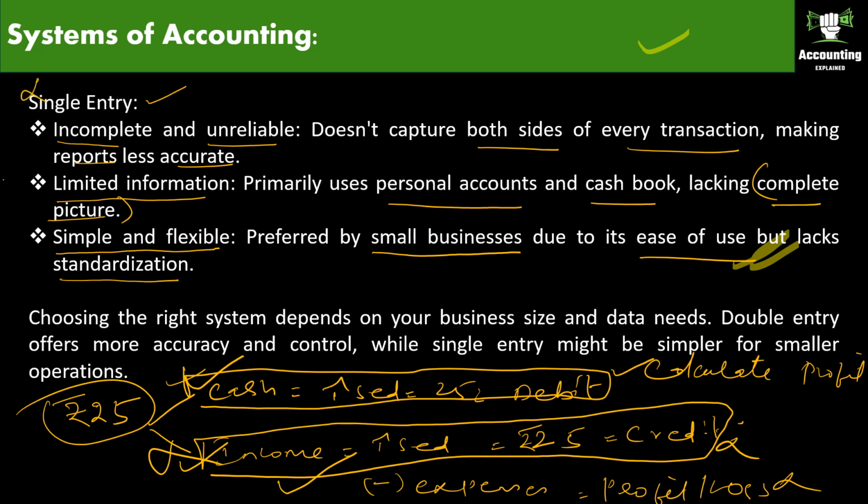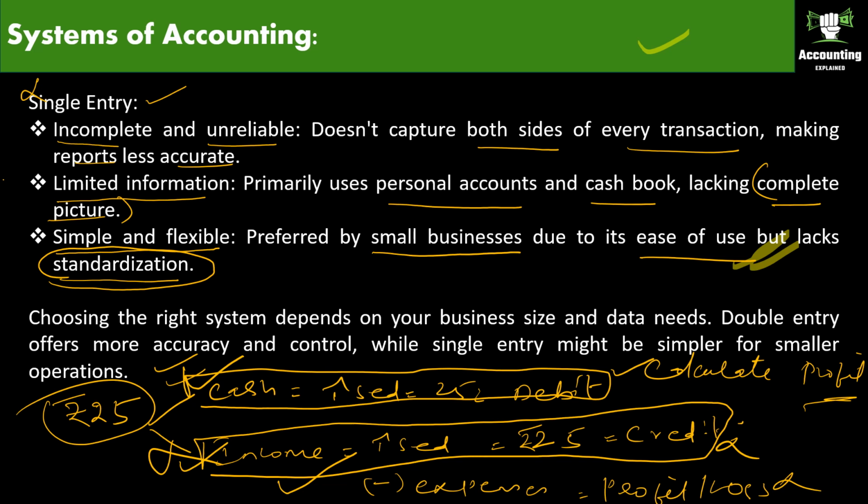You have to follow only the double entry system of accounting because single entry does not follow any standardization. See, with only an increase in cash, you will not be able to calculate profit. Correct? So it is not right for bigger companies to follow single entry.